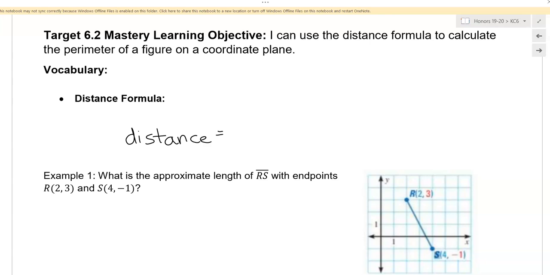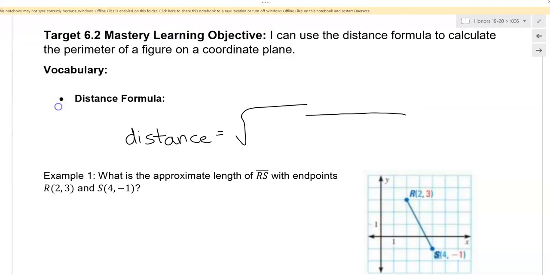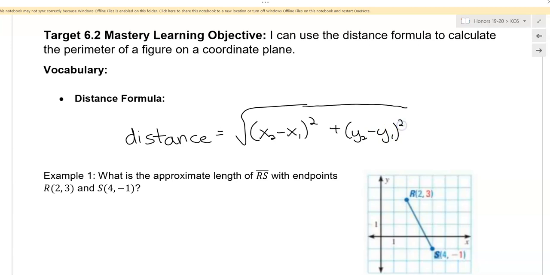The distance formula equals, so distance equals a big square root, and it is x2 minus x1 squared plus y2 minus y1 squared. That is our distance formula.